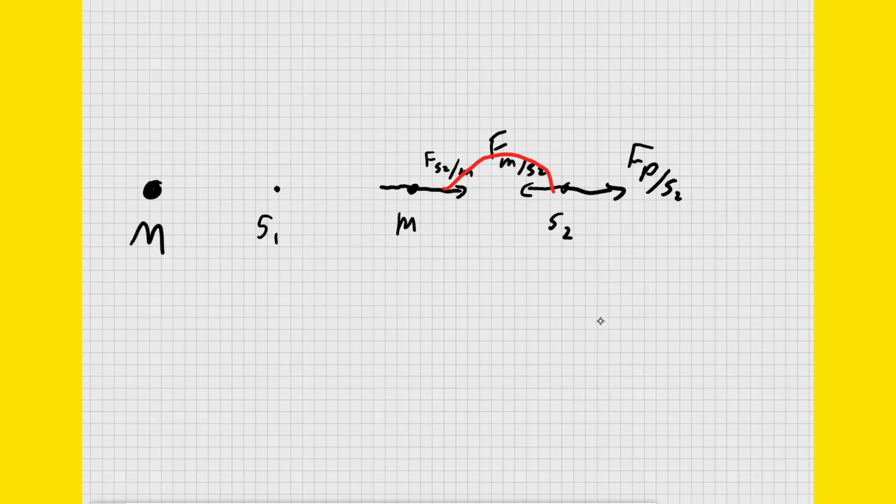We also have the force of string 1 on little m, along with the force of little m on string 1, and these are also an action-reaction pair. We also have the force of big M on string 1 and the force of string 1 on big M, which are also an action-reaction pair.